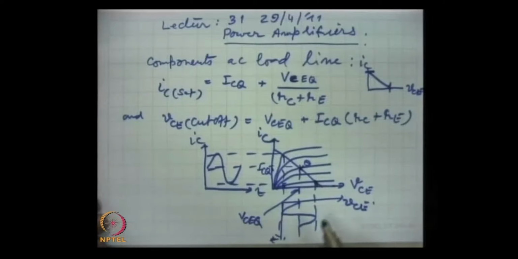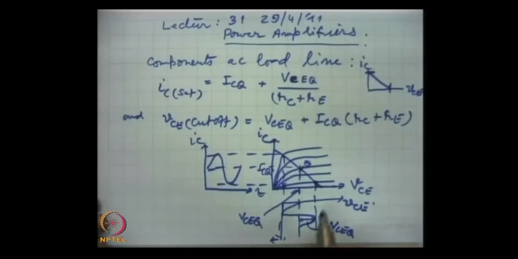So from the center to the peak is VCEQ, and this point is VCC, which is actually twice VCEQ, because it is the central point.